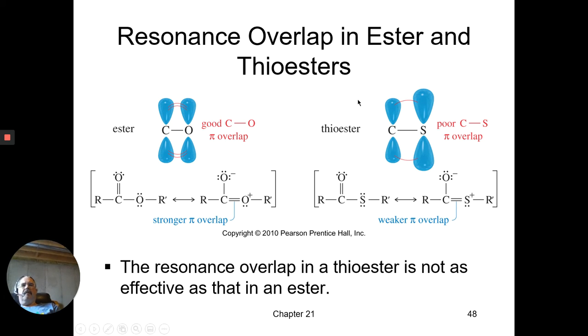Next we'll look at thioesters. Notice here we've replaced the ether oxygen with a sulfur, and in this resonance structure we have strong pi overlap, but then we have poor pi overlap with the C=S double bond, because these are unequal in energy.